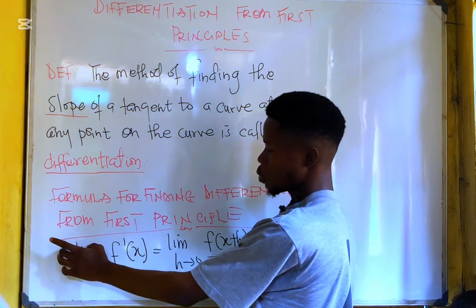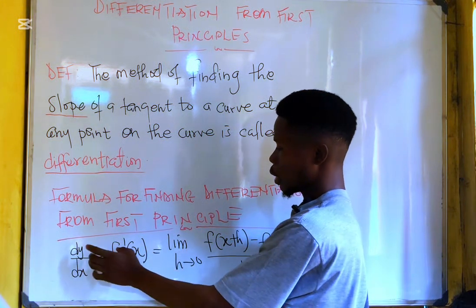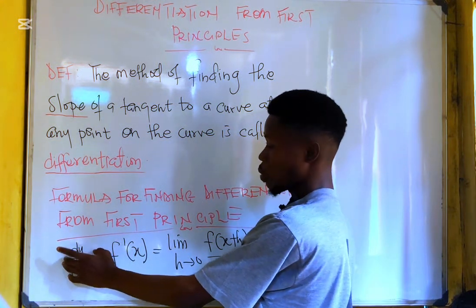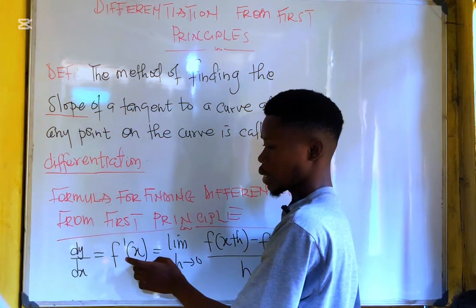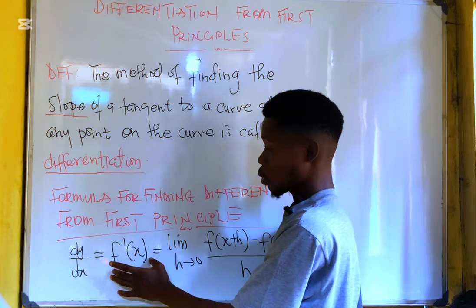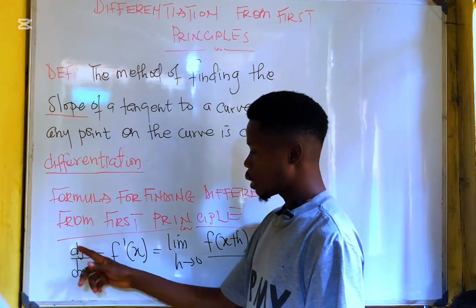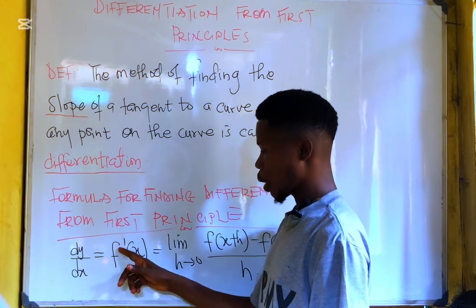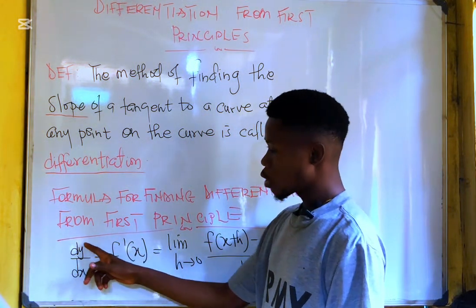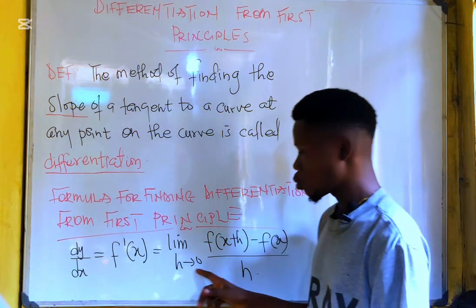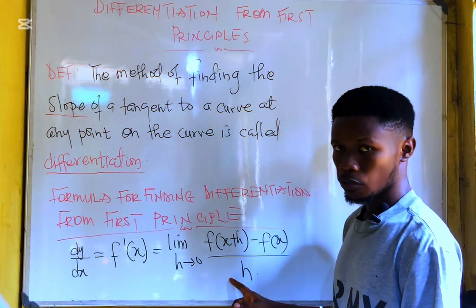Now we denote the differentiation by dy/dx or f prime of x. This is the first principle or the first differentiation. So in this case, the dy/dx can also be written as f prime of x. So whether you use this one or this one, you equate it to this. Is that okay? Very good.